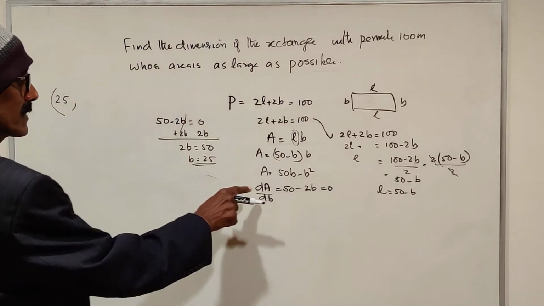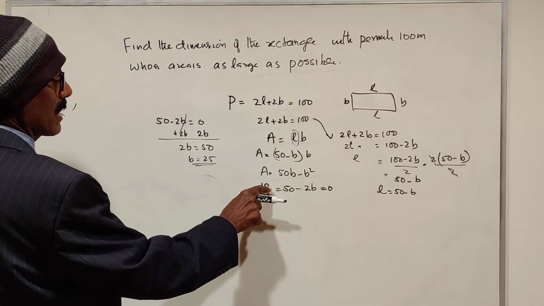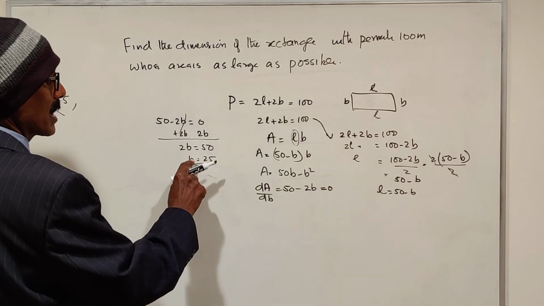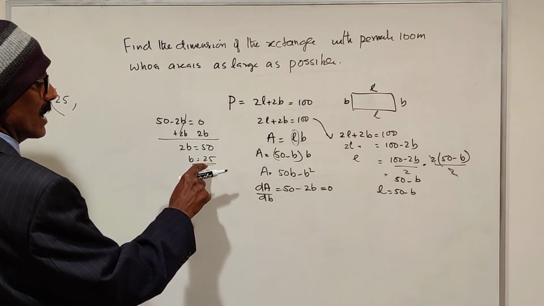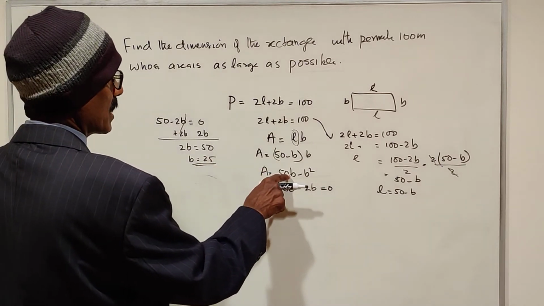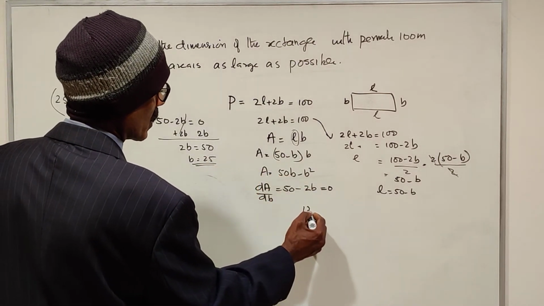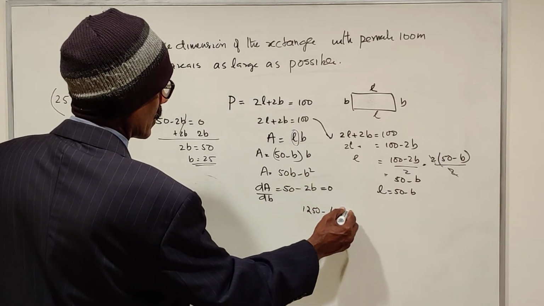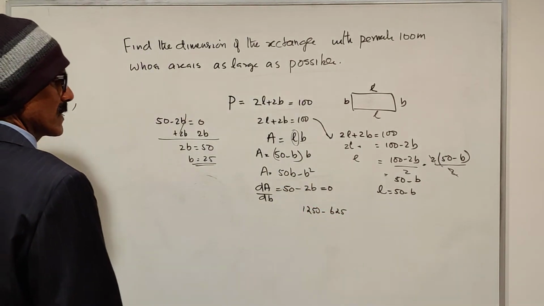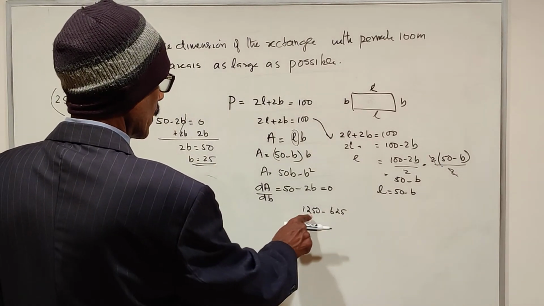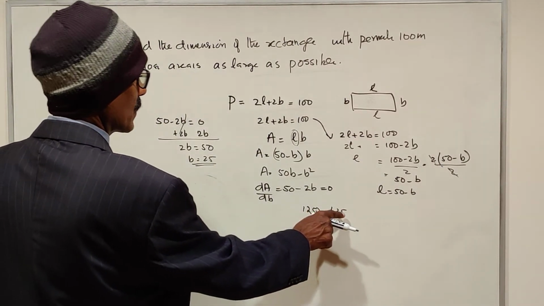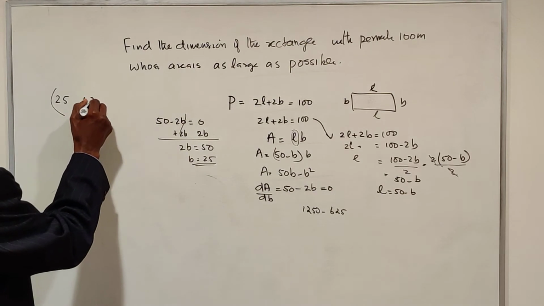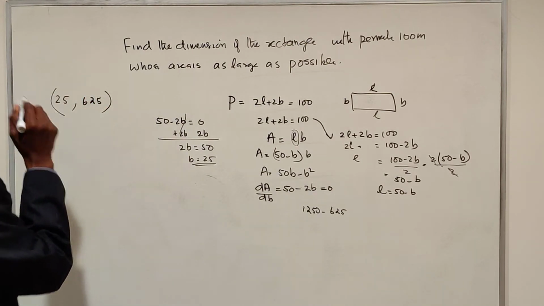Y coordinate is A here. When breadth is 25, what is the area? 25 times 50 is 1250 minus 25 squared, 625. 1250 minus 625 is 625. So this is the turning point.